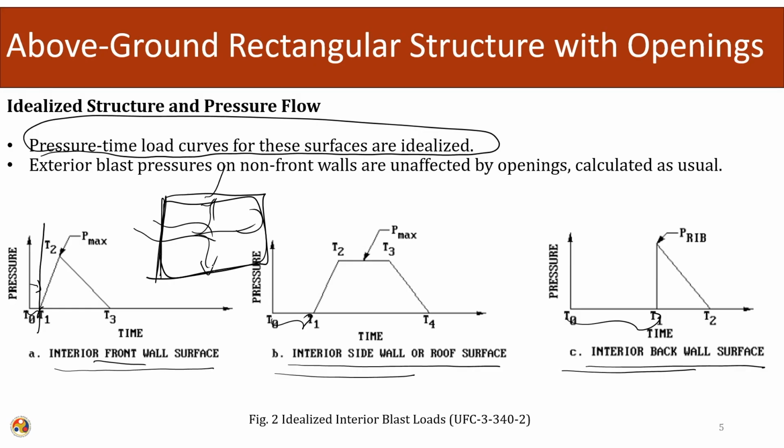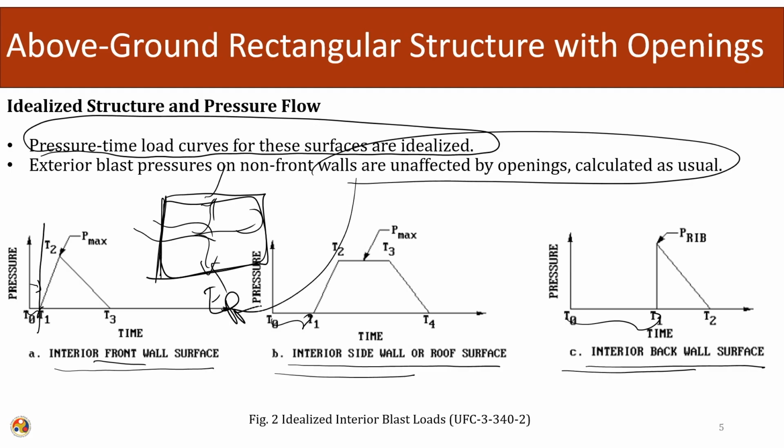On the non-frontal walls, the exterior pressure remains the same as before, and the interior pressure we calculate using this idealization. So, we have to combine whatever we learnt last time. We have to calculate the internal pressure and the external pressure, and the total effect of these two on the structure has to be evaluated in order to design so that it resists the blast loading properly.